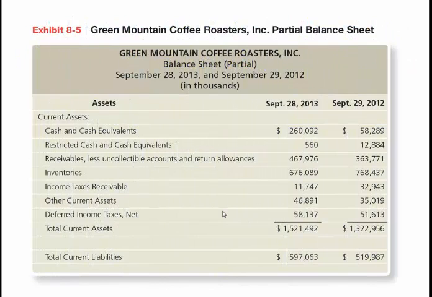So the first one, you can see here's the total current assets and current liabilities. We already know a current ratio is taking the 1.5 million in 2013 and dividing it by the current liabilities of 600,000, and you get about a 3-to-1 ratio, not quite 3-to-1, probably 2.8 to 1.